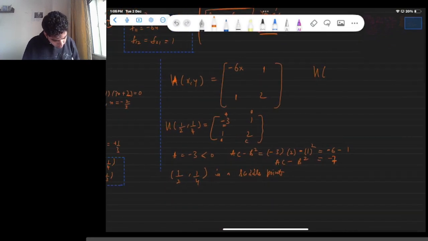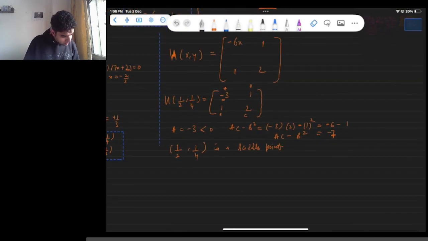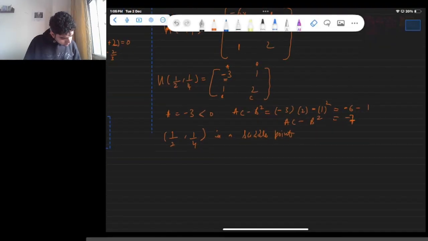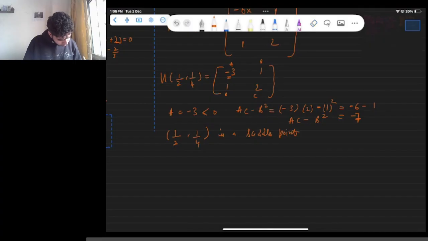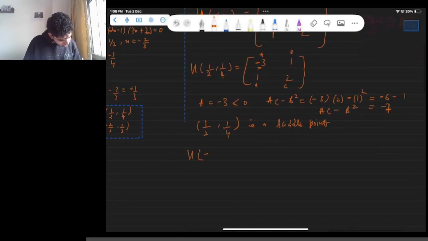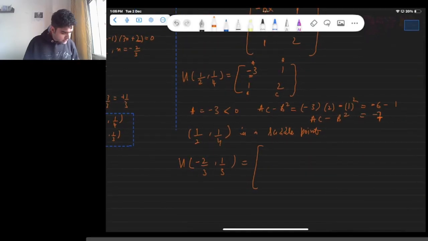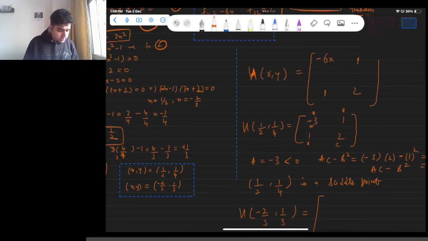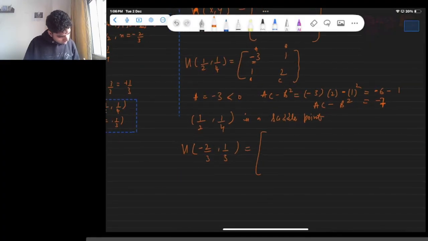Now h of my second point, minus 2 by 3 comma 1 by 3, gives me minus 6 into minus 2 by 3, which will give me 4. So here I'll be having 4, 1, 1, 2.